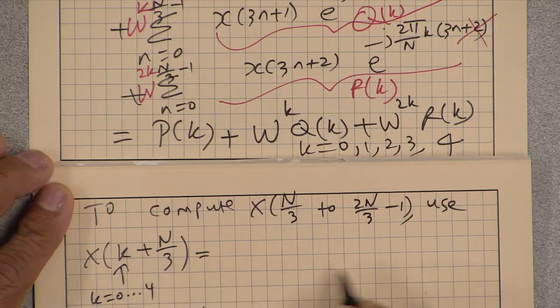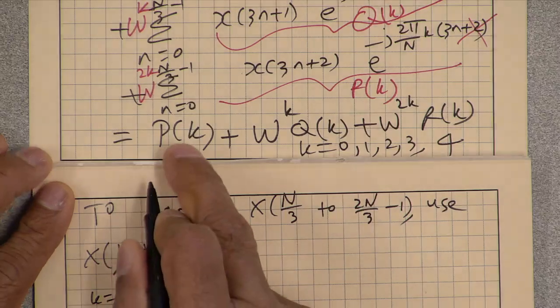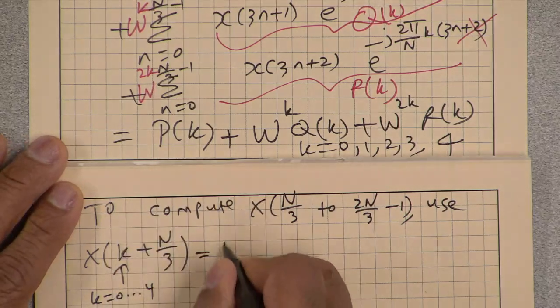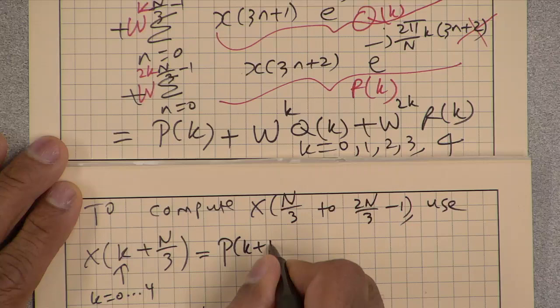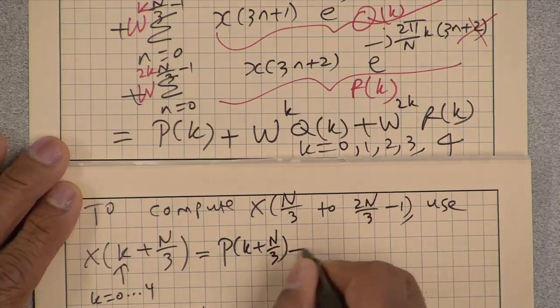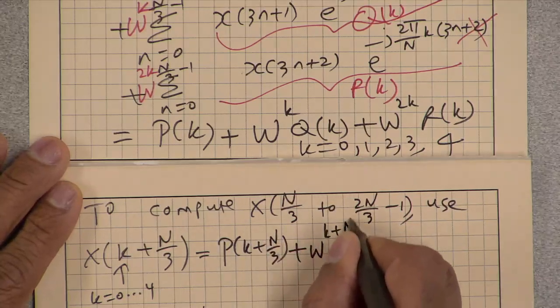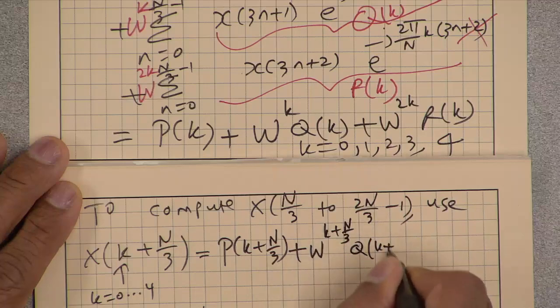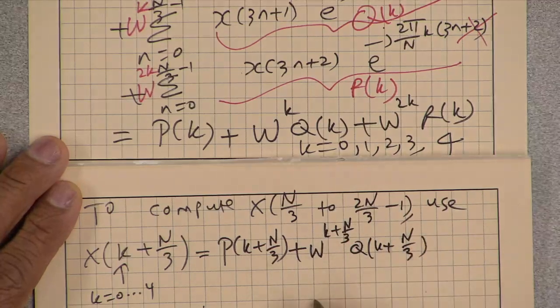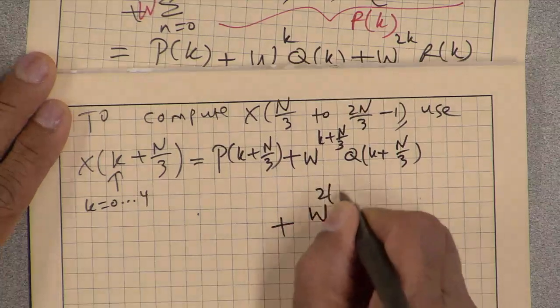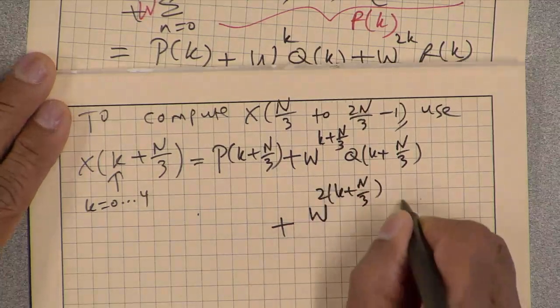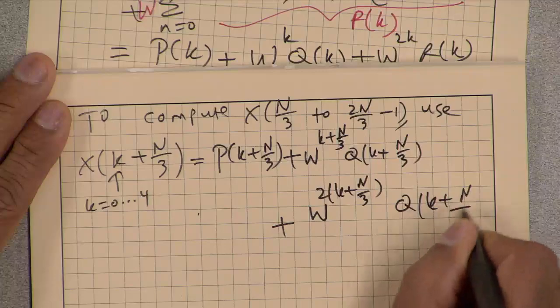So this is going to be P of k plus N by 3, which is the same as Pk, plus W to the power k plus N by 3 times Qk plus N by 3, plus W to the power 2 times k plus N by 3 times Rk plus N by 3.